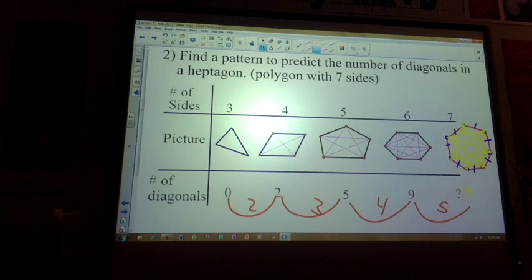Can we define that there's 14 diagonals? I had 4 that came off of here, 4 that came off of here. How many exclusive ones? There's 1, 2, 3. So that's 8, 9, 10, 11.